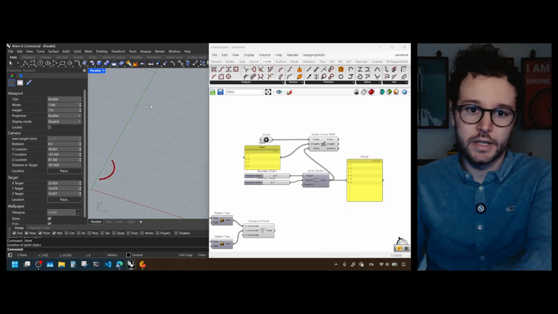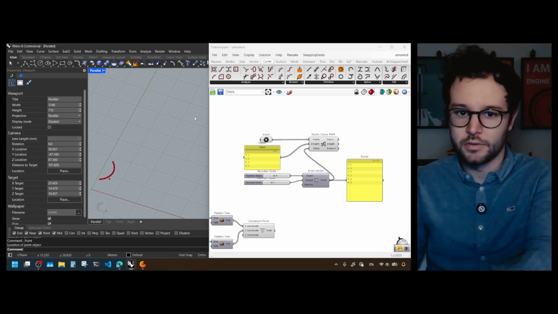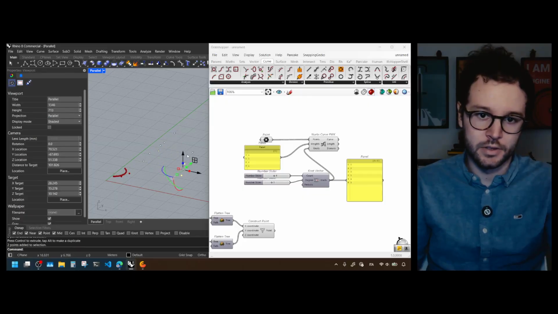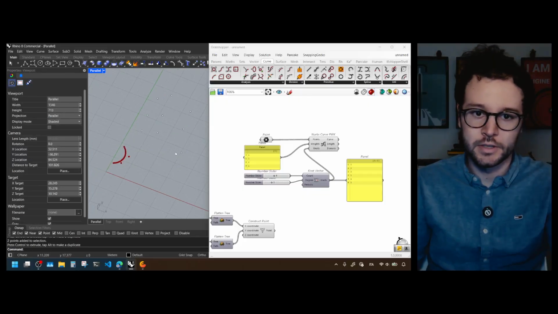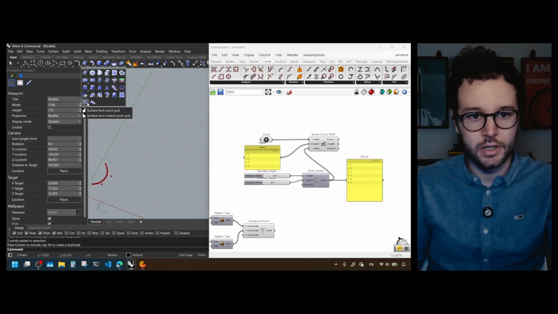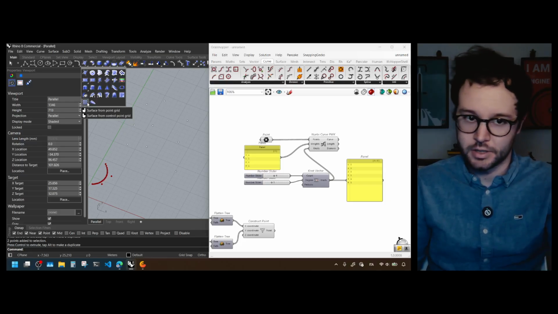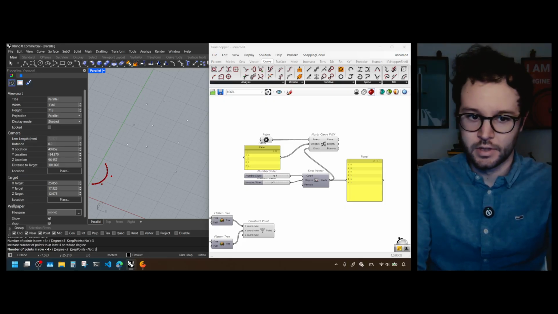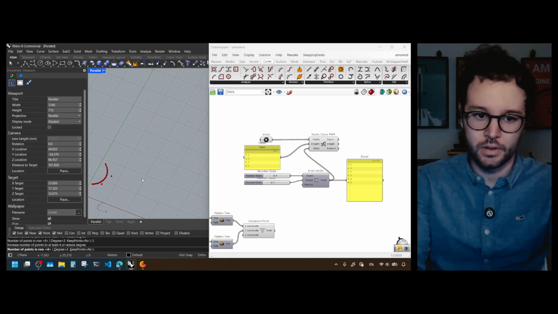So we will create a bunch of control points, which instead of holding a curve will hold a surface. Let's just move them around so they're not flat on the ground. Okay, and then we'll use this command in Rhino, which is the surface from control point grid. So I'll just right click, and then it asks me how many rows there are. In this case, I have 3 rows and 3 columns.